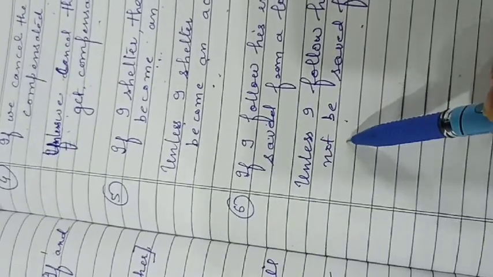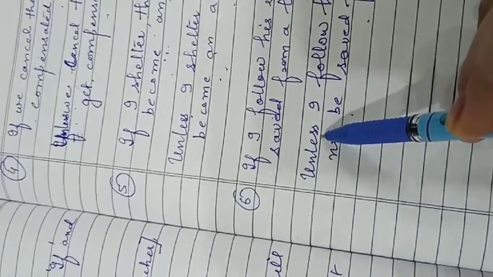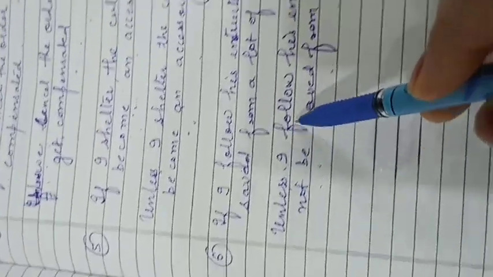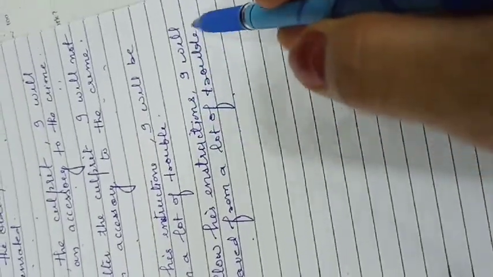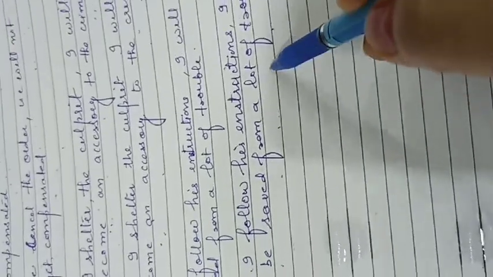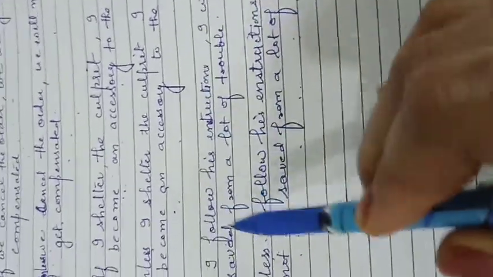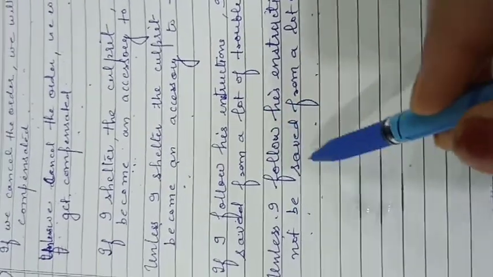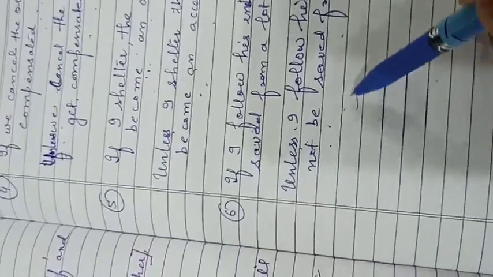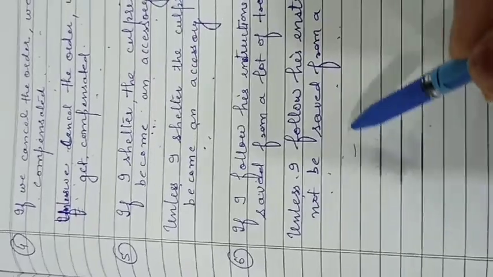What we have done here, as we have to begin with unless, is use one unless, and I have used one more not in the main clause to make it a positive sentence. Children, you should revise these examples, otherwise you will not have a hold on it.